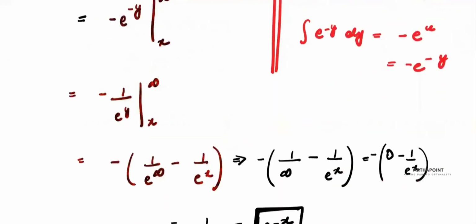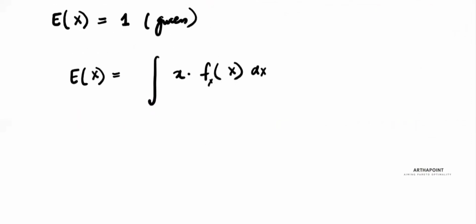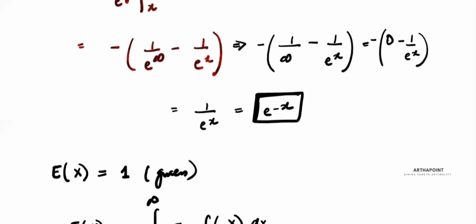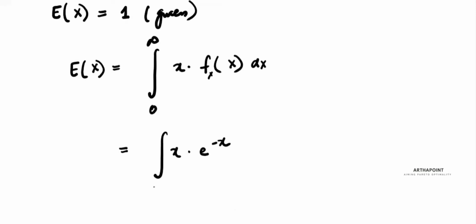So I'm going to integrate x from 0 to infinity, and because this is x into e to the power minus x, I get the integral of x e to the power minus x from 0 to infinity dx.